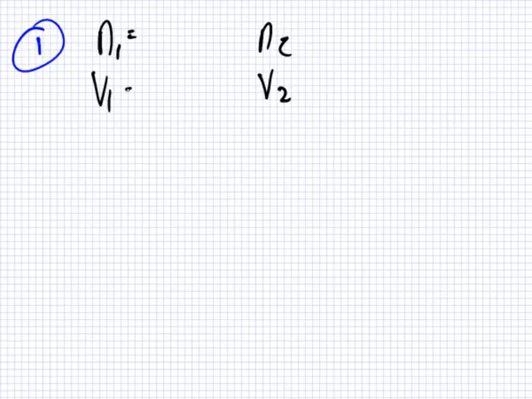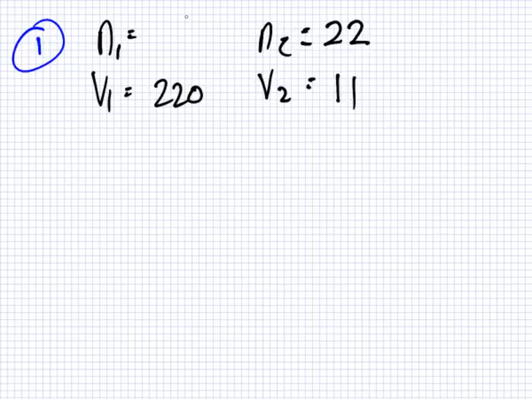Alright, in question 1, what do I tell you? Do I tell you N1, N2, V1, V2? What information do I give you? N1 is 11, N2 is 22. What else do I tell you? V1 is 220, and V2 is 11.